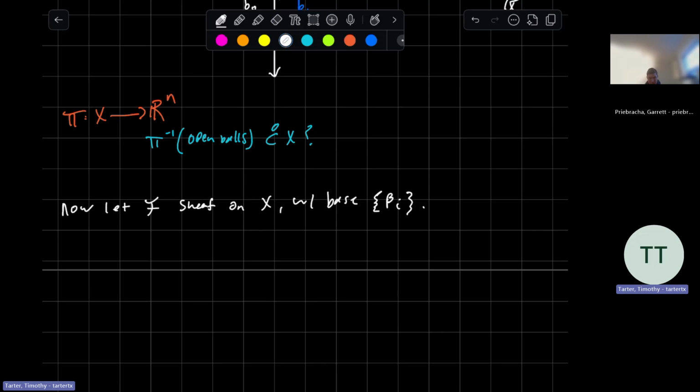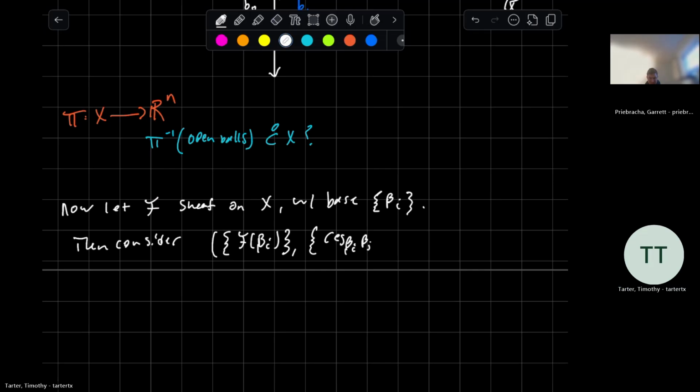Then consider the information, which is the set of sections on these beta_i's paired with the restriction maps of intersections.